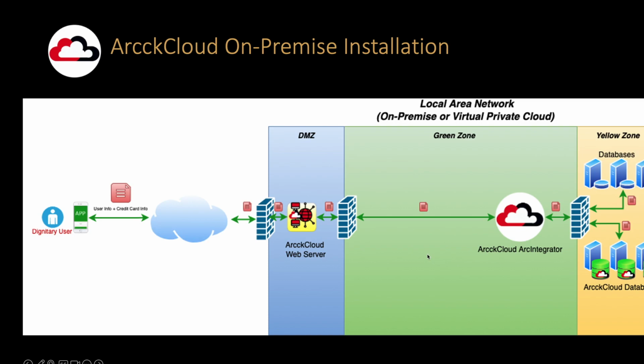Let's say for instance you have a mobile app that is used to store user info and credit card info, and your customer is a dignitary user. With this scenario, the user info and credit card info is received by the ArcCloud web server in the DMZ, and it's passed on through the ArcCloud Arc Integrator, and it is stored in your database.